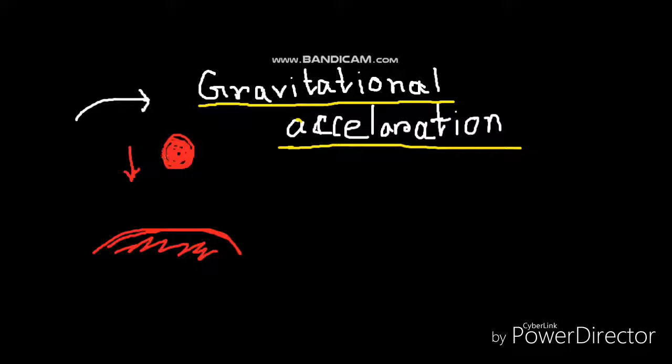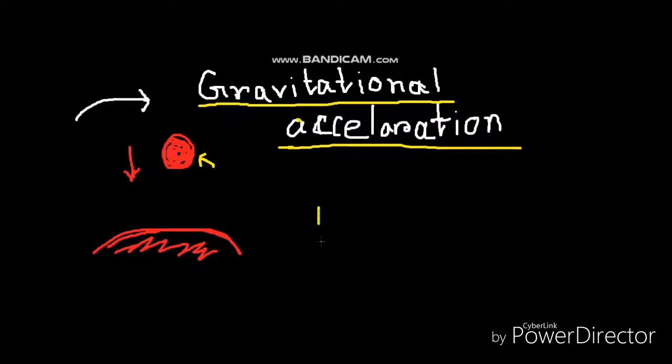So when the velocity of this object is changing with time because of gravity, the change of velocity will be called gravitational acceleration. And this is a very interesting concept. So how can we calculate the acceleration of this object for gravity?